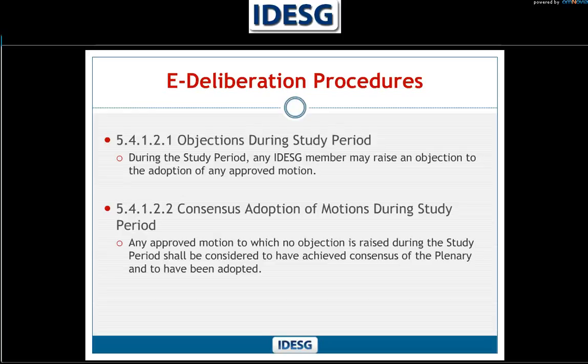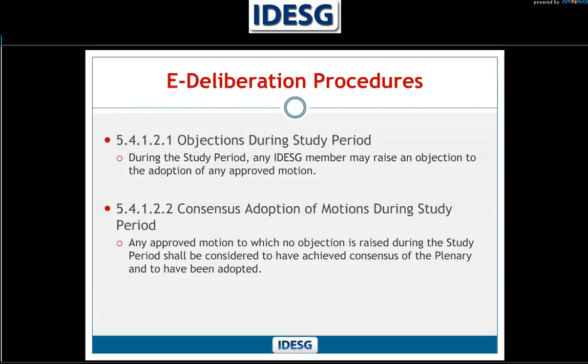We consider it to have been adopted by consensus, and the reason for that is, number one, we prefer to do business as a consensus organization, and number two, there isn't a reason to waste both people's time and the organization's resources on a motion which has essentially unanimous consent.